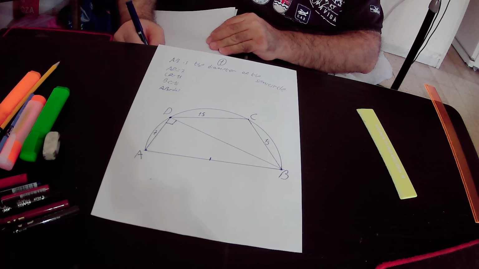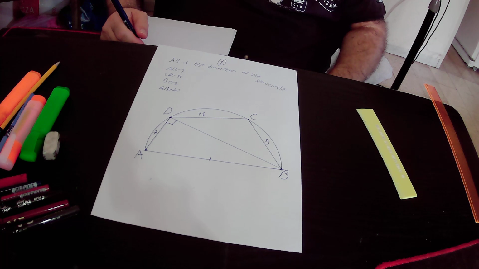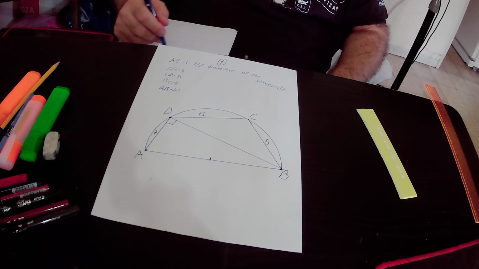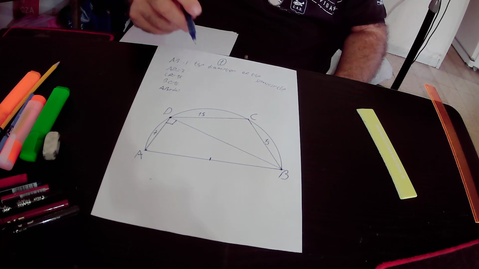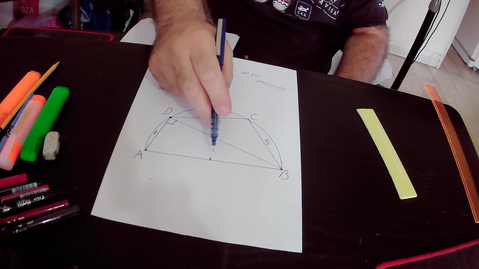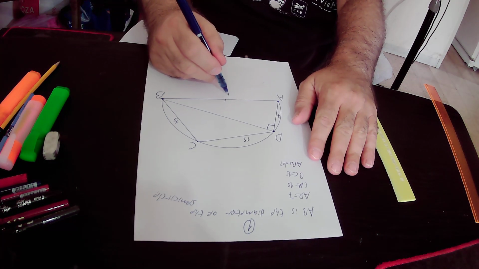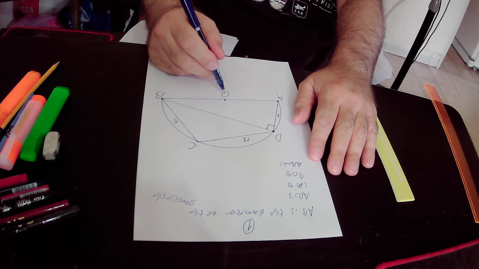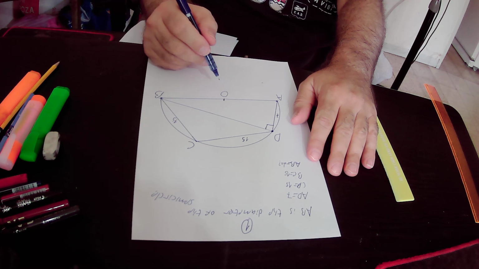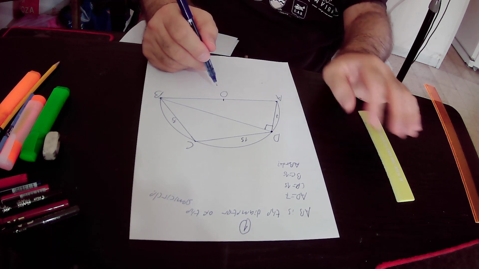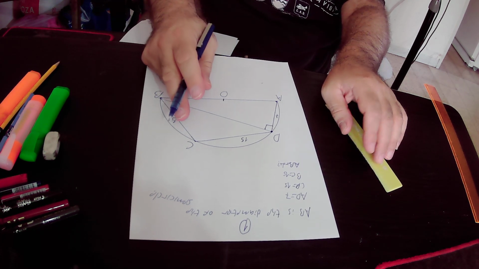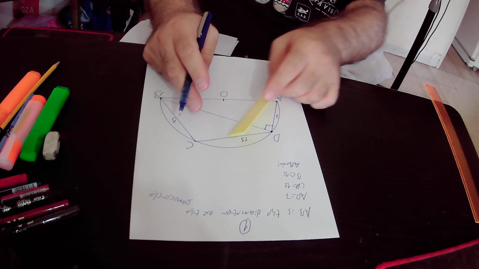So in the next step we will define the center of this semicircle as point O. This point, the center of this semicircle, is defined as O. And then we will join together points O and C by a straight line.